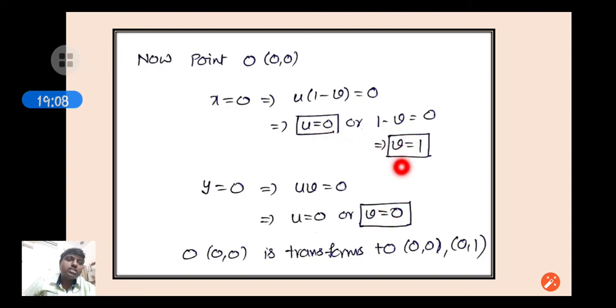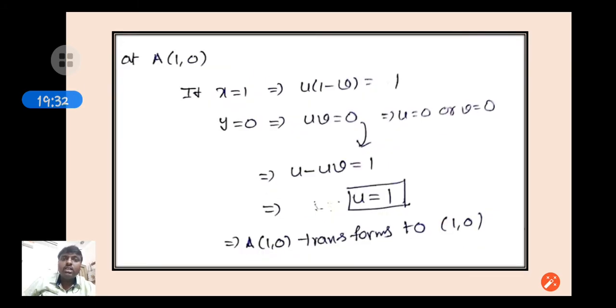Two possibilities are there for v, only one possibility is for u. So that's why I am writing 2 points: u0, v0 and u0, v1. Only v varies, u is 0, not changing. Corresponding to 0, 0, we have two different points: one point is 0, 0, another point is 0 comma 1.